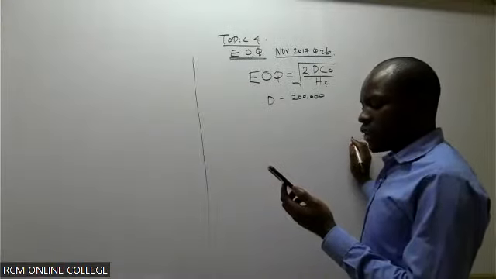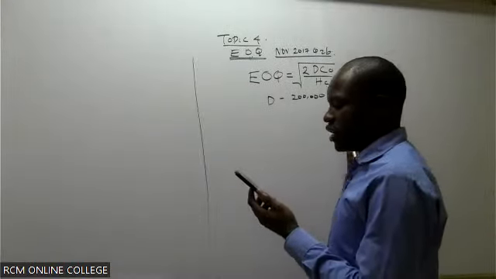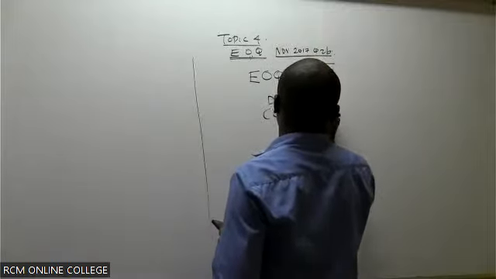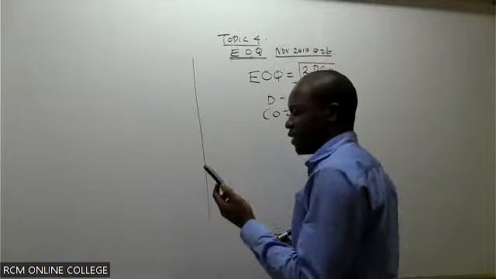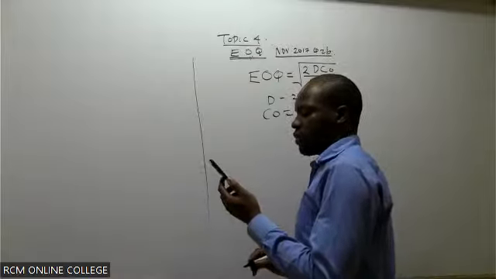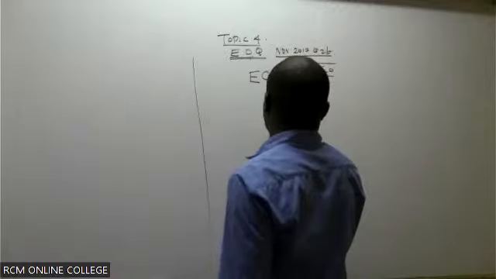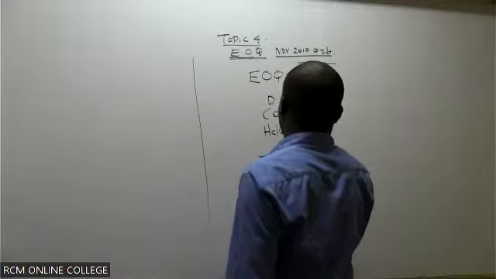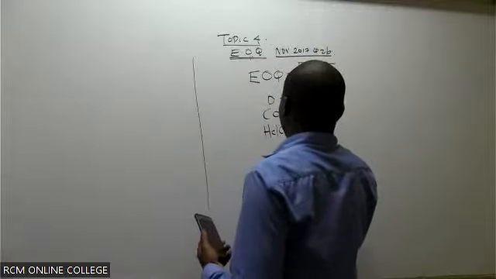Then ordering cost per order is 18,750. The next thing we are given is a carrying cost. Someone will say we don't have carrying cost, but remember I said holding cost is the same as carrying cost, which is 3.